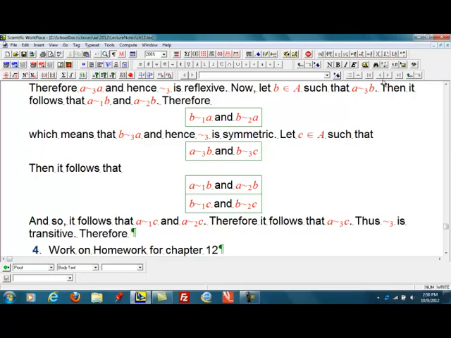Therefore, draw your conclusions. 3 equivalent is an equivalence relation on our set A. So whenever we're proving that something's an equivalence relation, we prove reflexive, symmetric, and transitive.